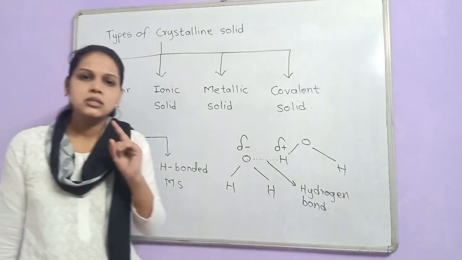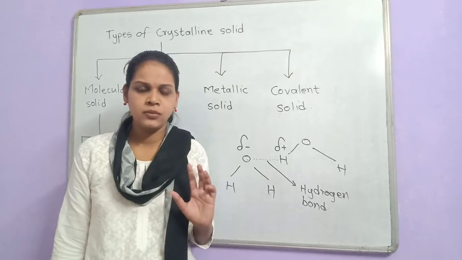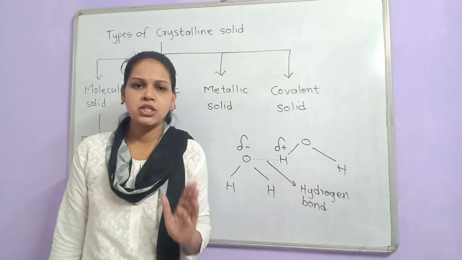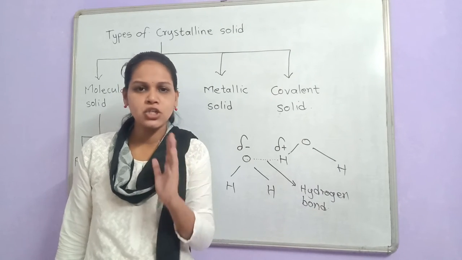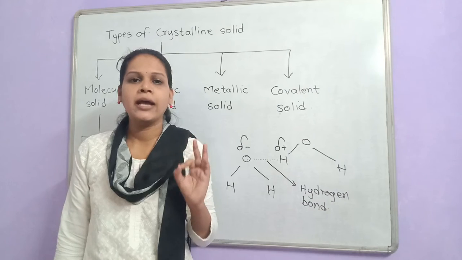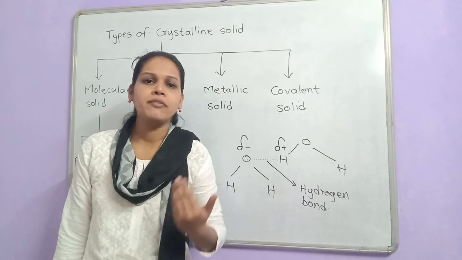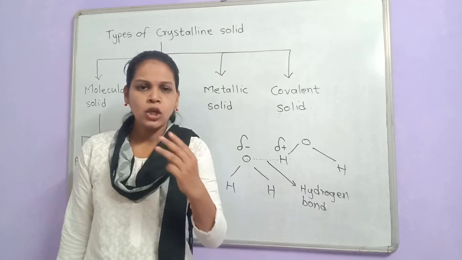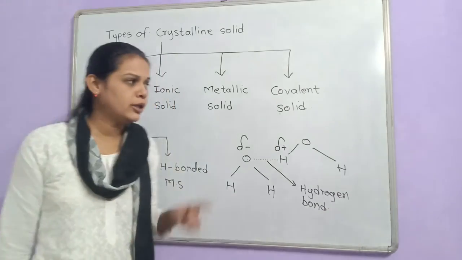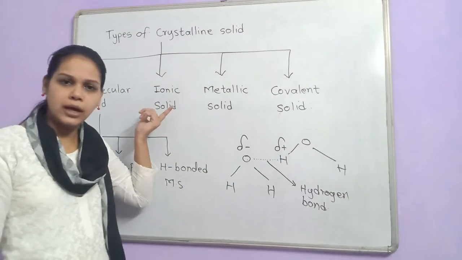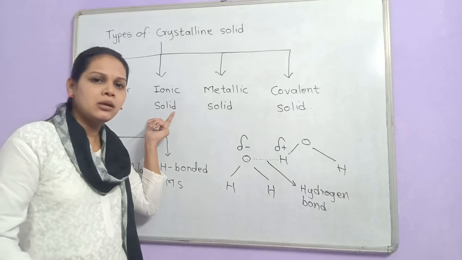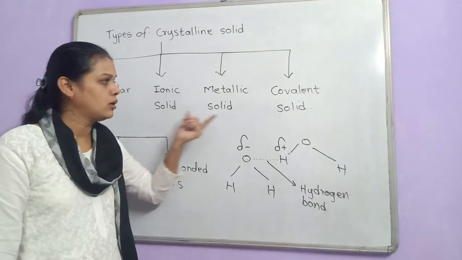First one is the size of cation and anion. Second one, the charge on cation and anion. And third one, the ease of polarization of the anion. Depending on these three factors, the ionic bond in ionic solids can be formed.